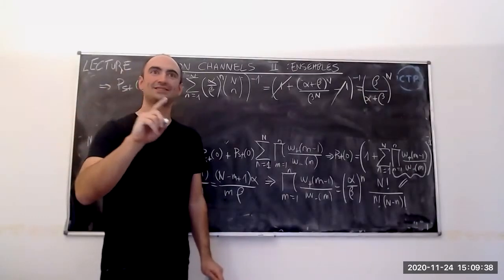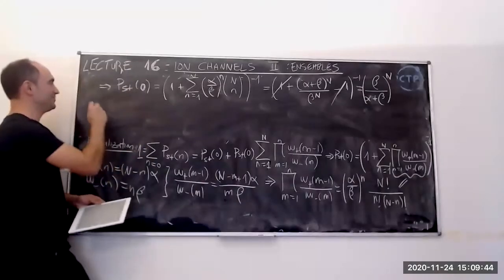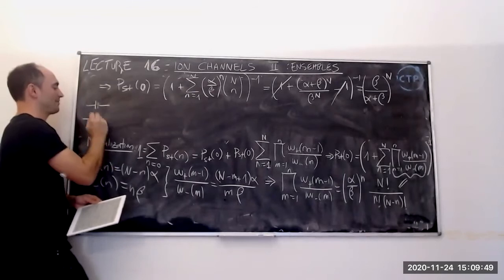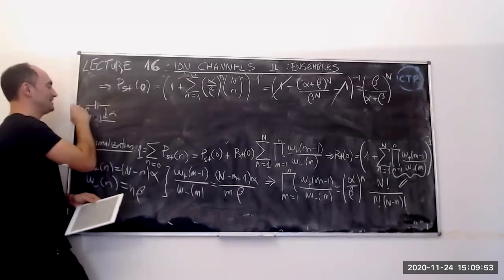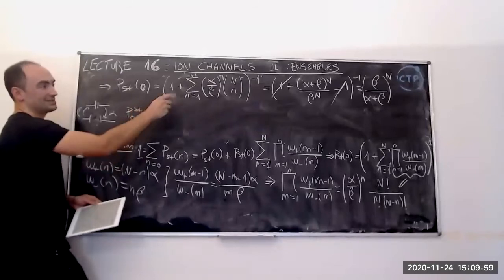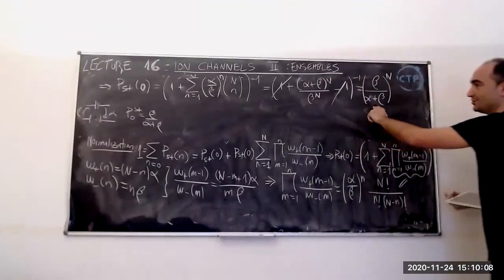The two-state model, which is the building block of this model, you have the closed and the open. And open is alpha and closed is beta. The stationary P open was beta divided by alpha plus beta. This is the probability for one channel to be open.